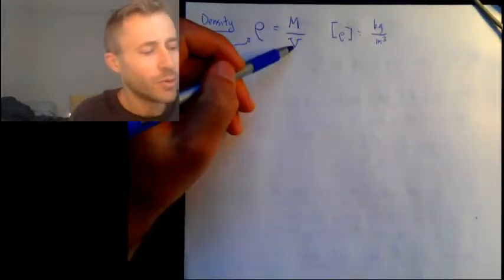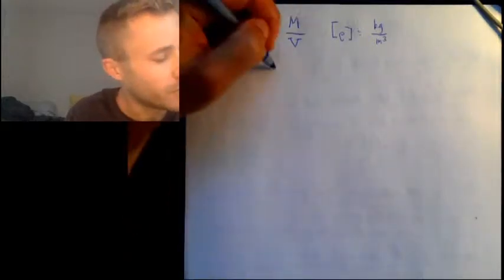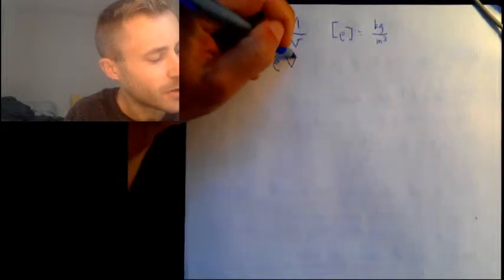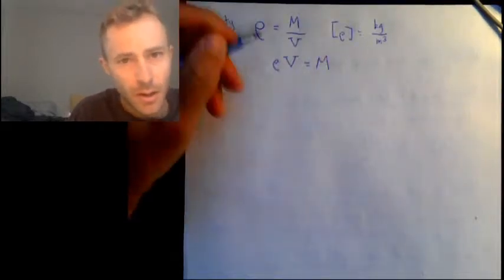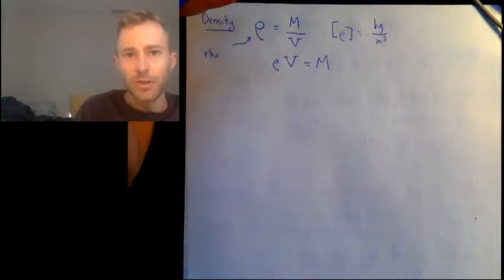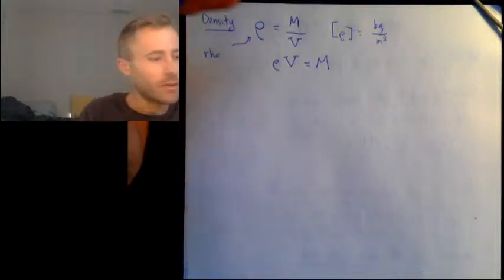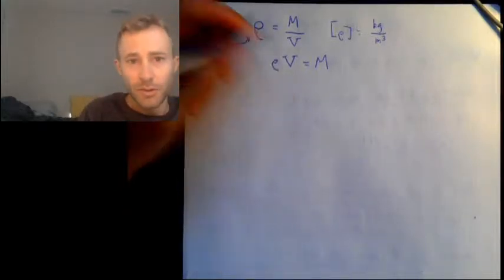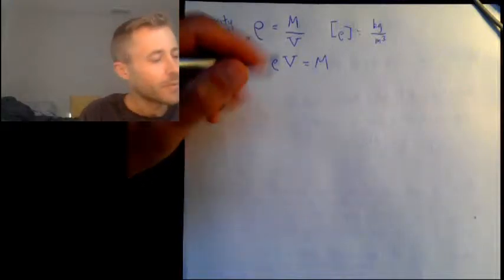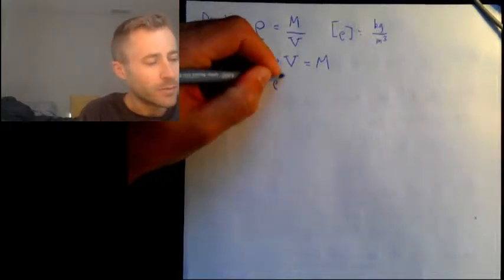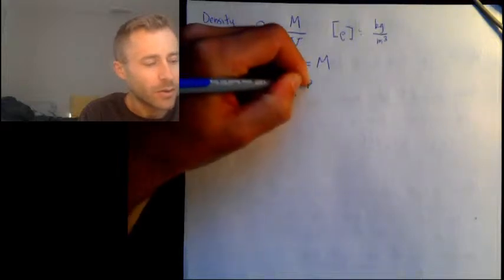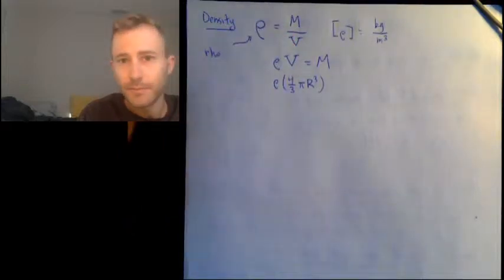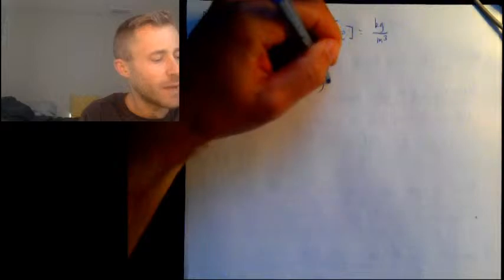Then you could multiply both sides by volume, and you could get the mass. Since we're dealing with things like planets, the volume is going to be the volume of a sphere. The volume of a sphere is 4/3 pi r cubed. Okay, so that is the mass.